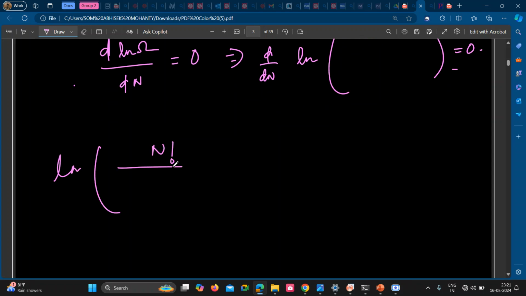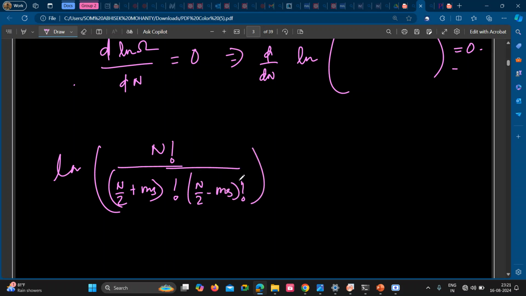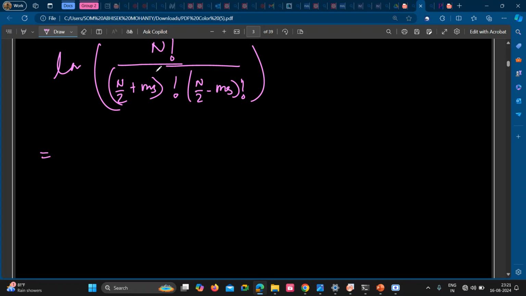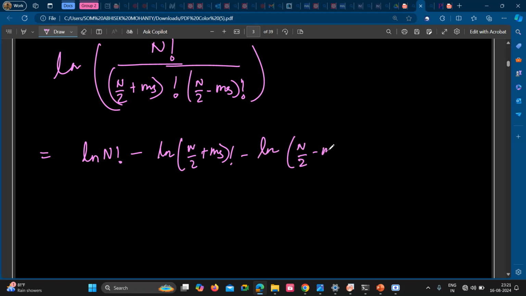N factorial divided by (n by 2 plus ms) factorial times (n by 2 minus ms) factorial. So this becomes ln n factorial minus ln (n by 2 plus ms) factorial minus ln (n by 2 minus ms) factorial.